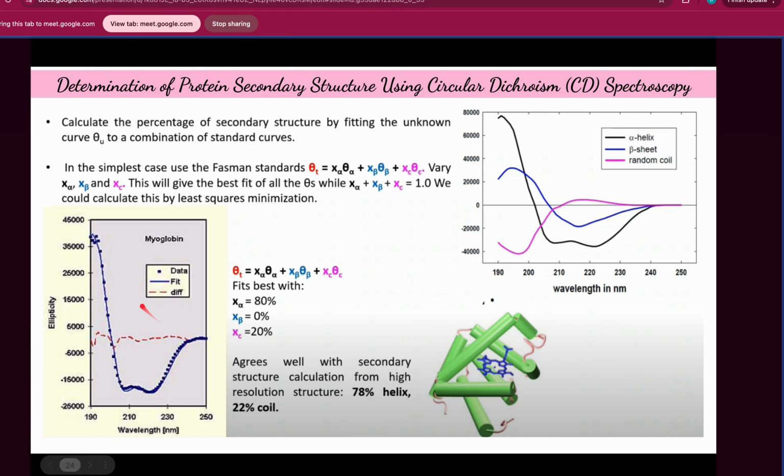When we fit the data, it was observed that x alpha was 80%, x beta was 0%, and x c was 20%, which means that it agrees well with the secondary structural calculations from the high resolution structure. When X-ray crystallography or other high resolution techniques were performed, 78% helix content and 22% coil were identified. Similarly, by using CD, similar results were obtained.